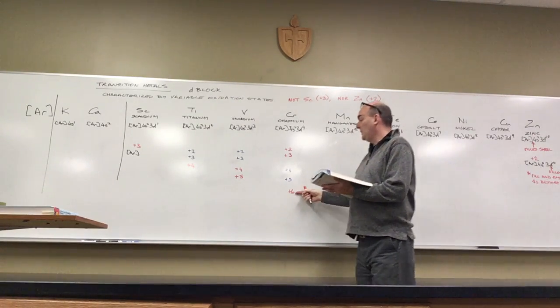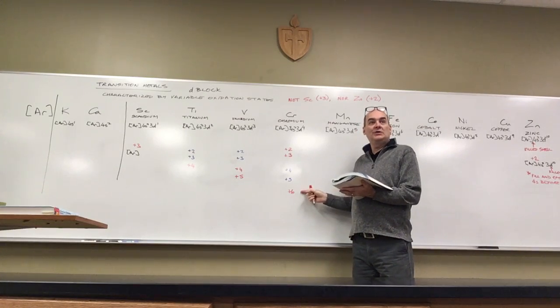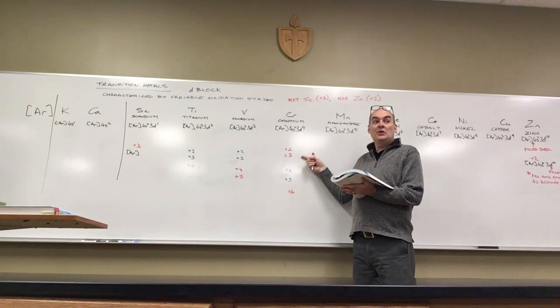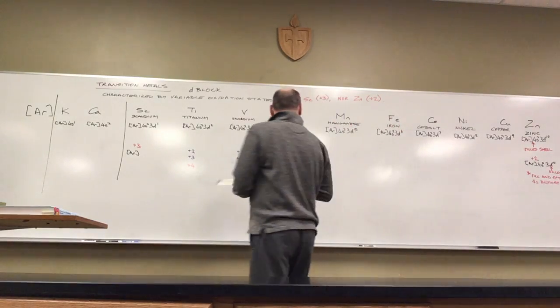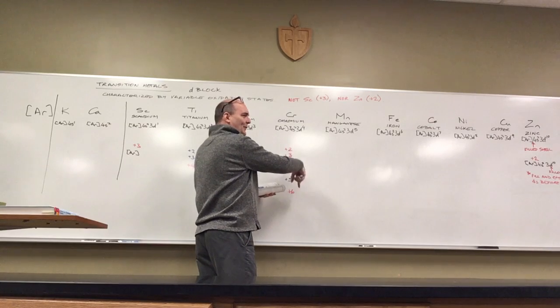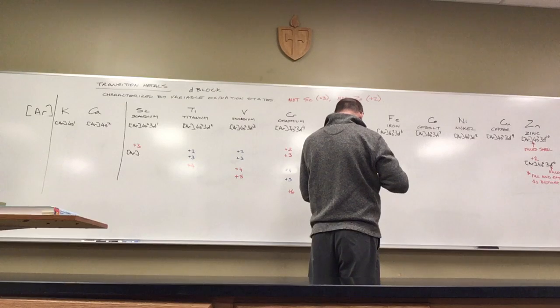You're probably going to see them sliding. If we do a reduction from chromium 6 to a 3, we might get to see some of this in the middle. And there is a well-known oxidation reduction here that we'll talk about as well.